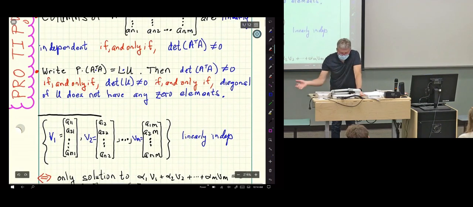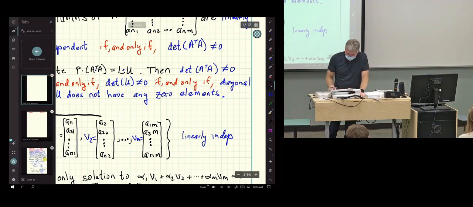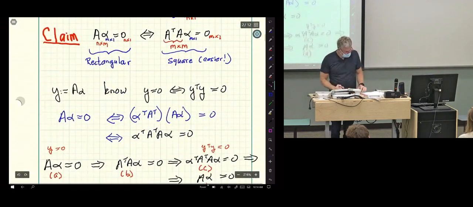And the way we do determinants of high-dimensional matrices is we do the LU factorization, and then we only have to look at this term because it's the only possible term that can be 0. So that's the beauty of how all that fits together.